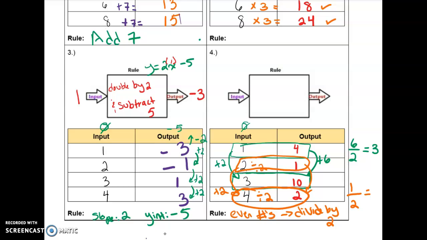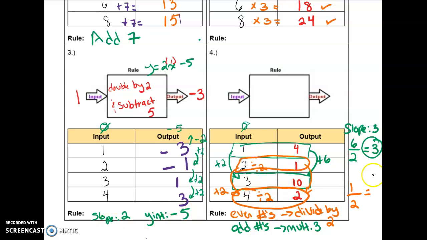Now for the odd ones, since I can't really tell what it's going to be, let's actually look at what we have so far. So we know that our slope is 3, so I need to multiply my input odd numbers by 3. So odd numbers, we're going to multiply by 3.